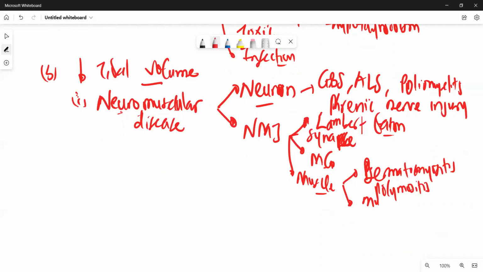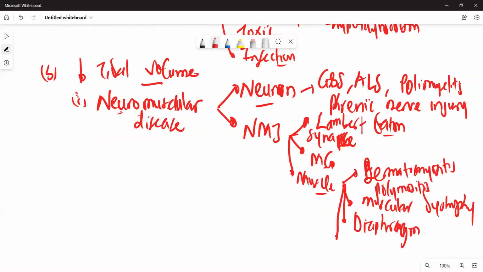It could be muscular dystrophy, like in the case of Duchenne muscular dystrophy. It could be a problem with the diaphragm, whereby the diaphragm is not working very well.